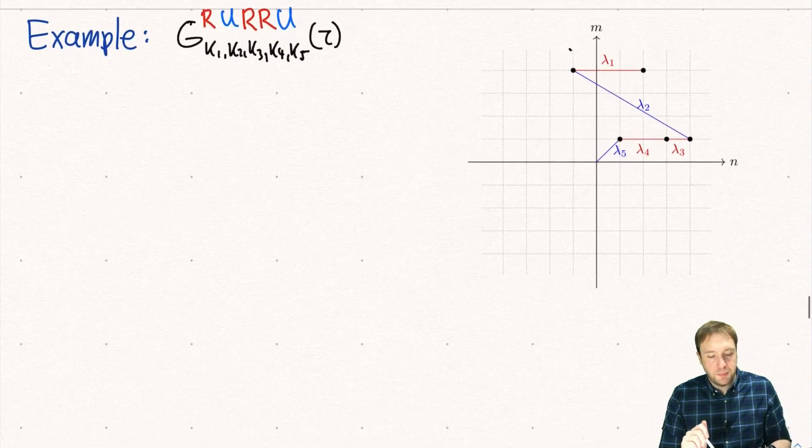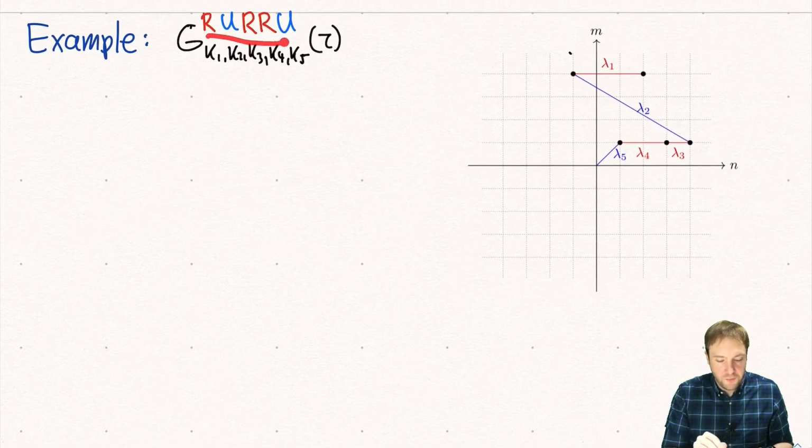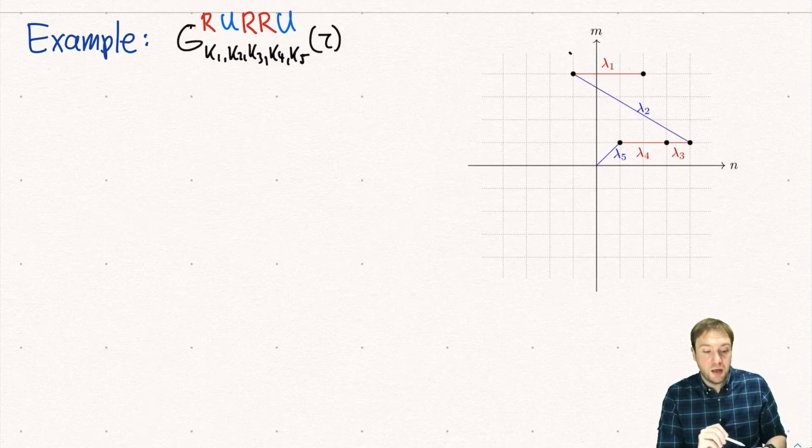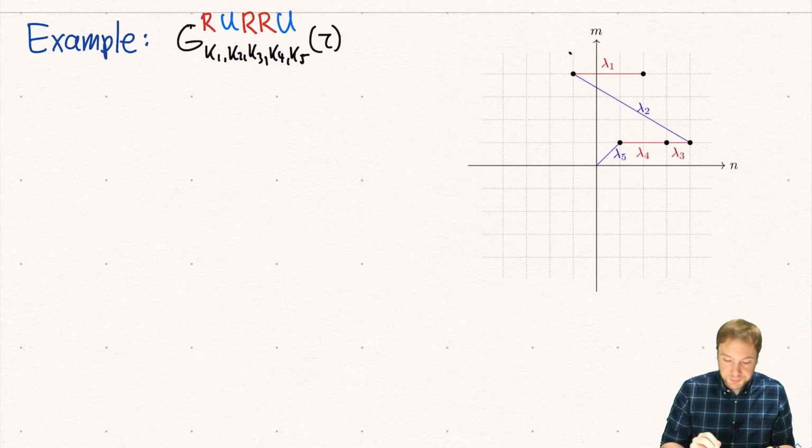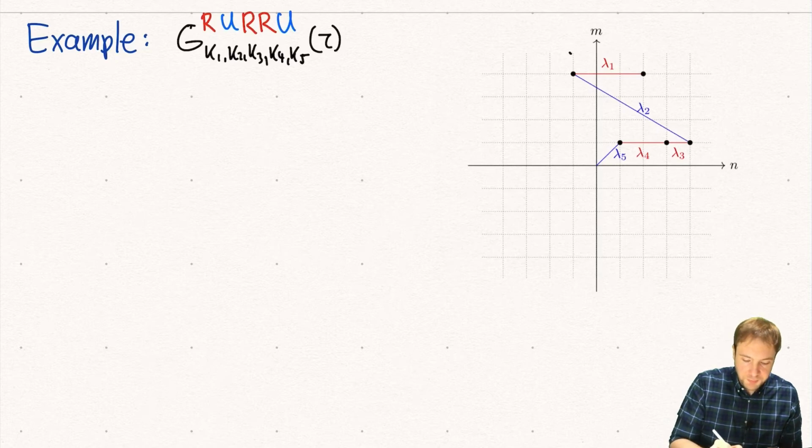So what is, for example, G of these a's? So A1 is R, A2 is U. But more generally, one can think of G of some word in the letters R and U. So what is this by definition?